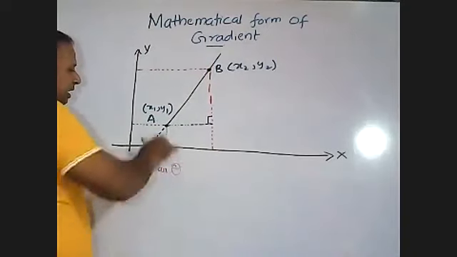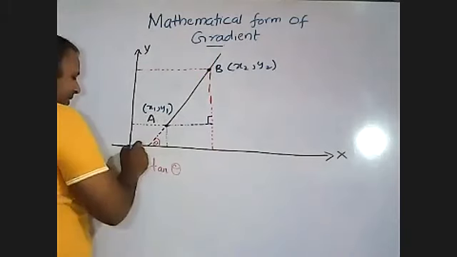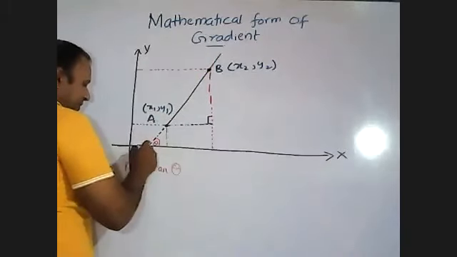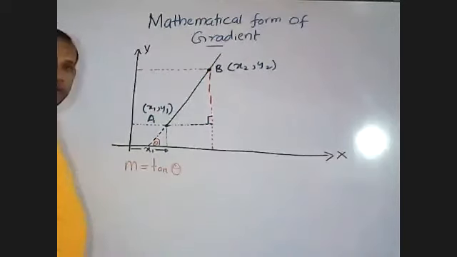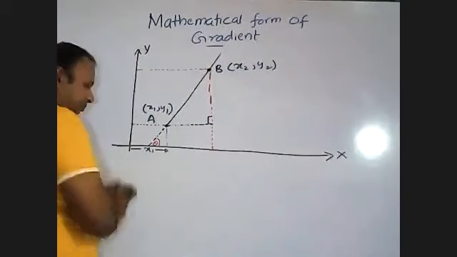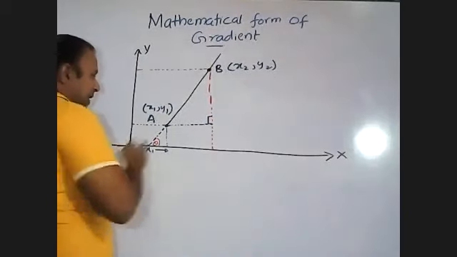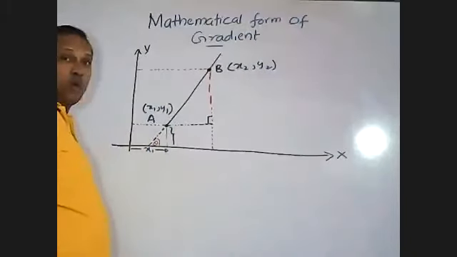If this is x1, y1, that means this length is x1, and this height is y1.